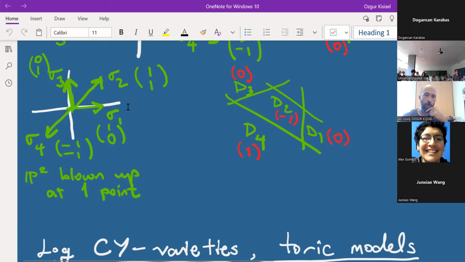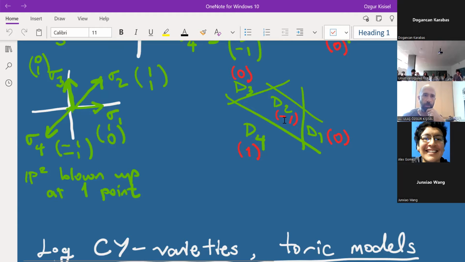So if you invoke the previous relation, let's look at d2. (0, 1) plus (1, 0) is (1, 1), which is the same as (1, 1). So to get a sum of 0, you must have d2 squared equals minus 1, which is, of course, exactly what we expect.